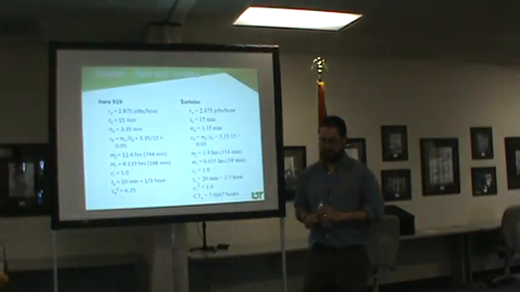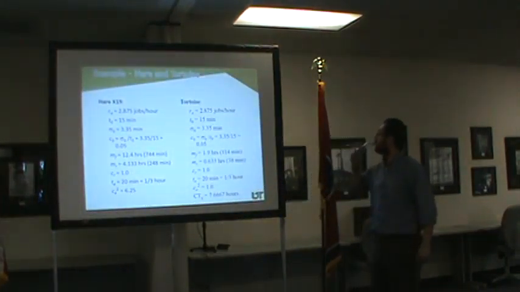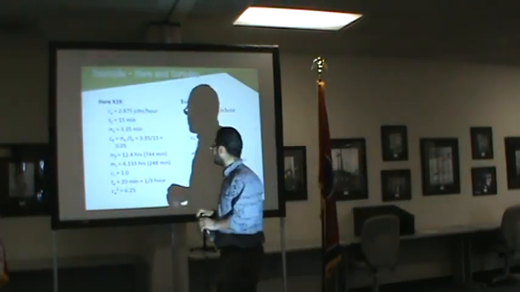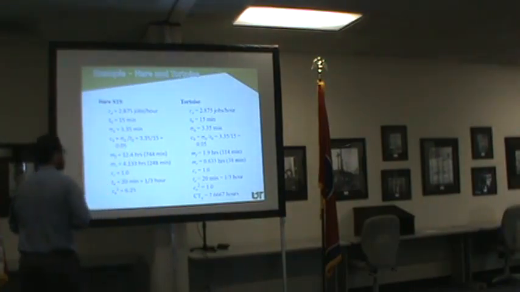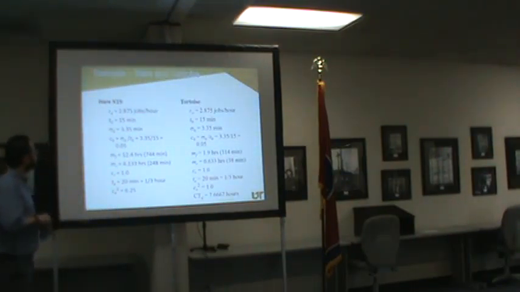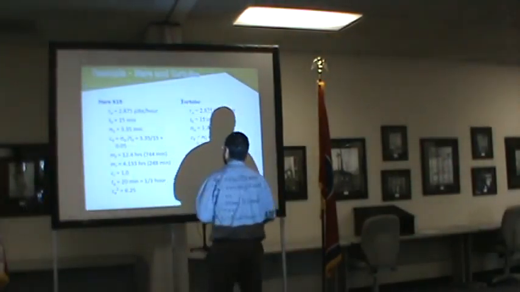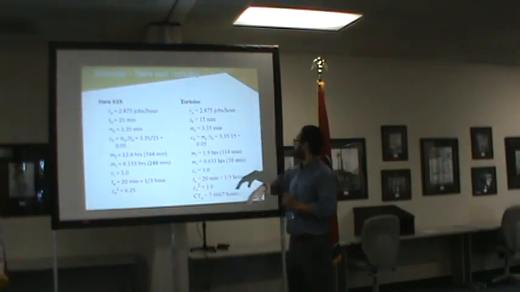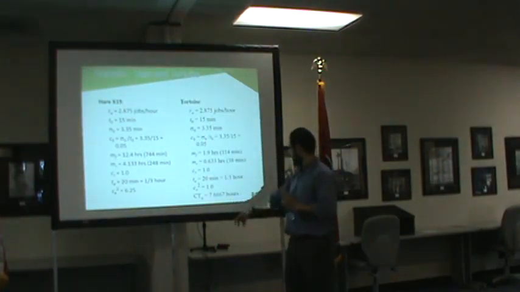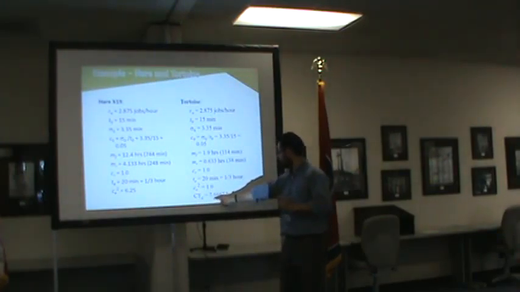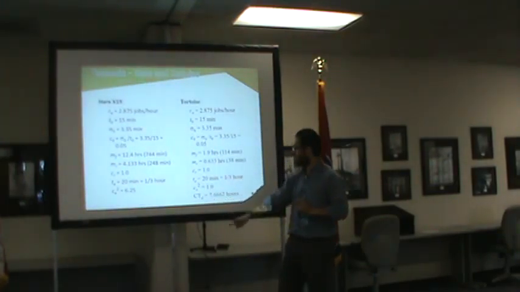All right, so let's compare both. So we had all those parameters. And which one did we have? We had the tortoise, okay? So this is all the information we get. This one, okay? We got that already.